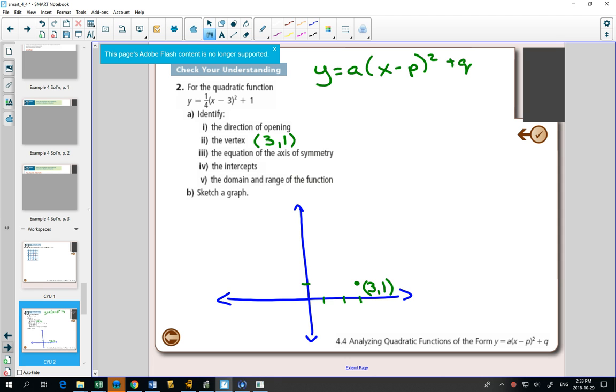Because it's a positive 1/4, you know that it's opening up. And so we're going to go from our vertex over 1, up 1/4. Over 1, up 1/4. Then over 1, up 3/4.